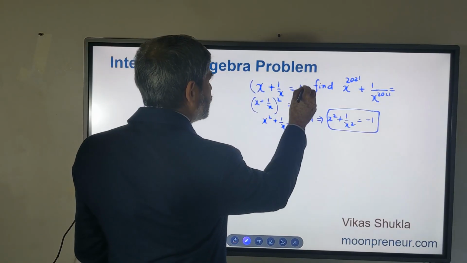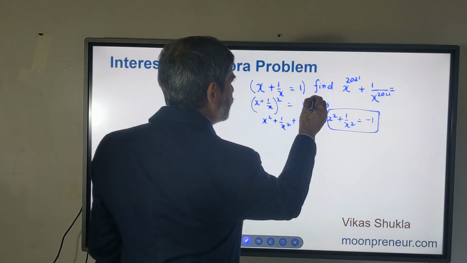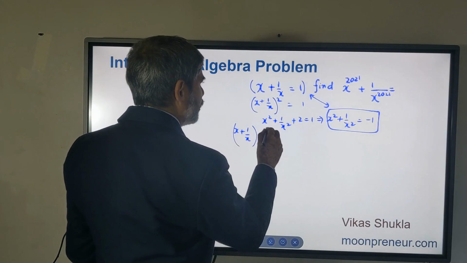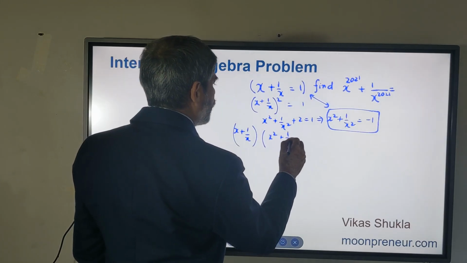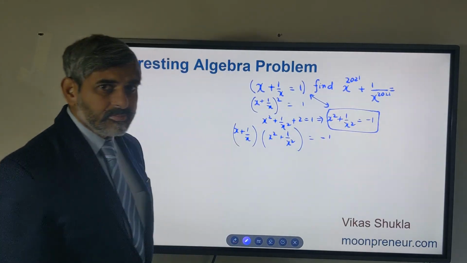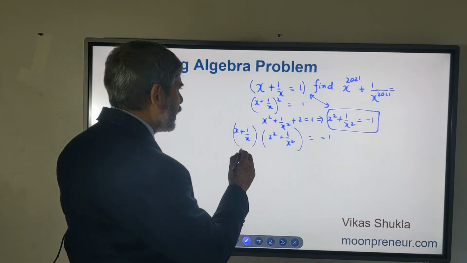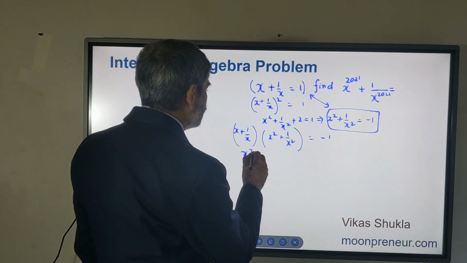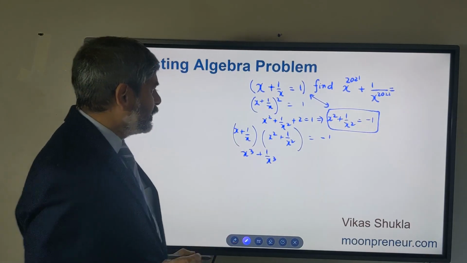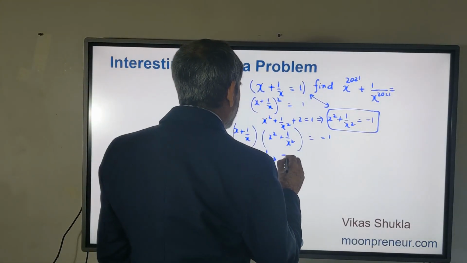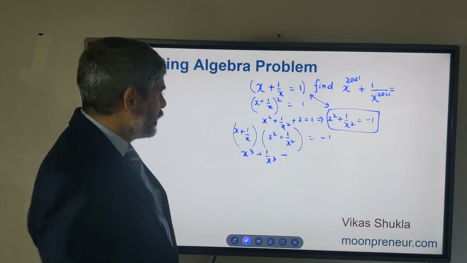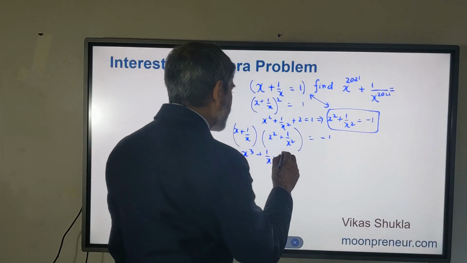If I multiply this equation with this equation, I get (x + 1/x) multiplied by (x² + 1/x²) equal to 1 into -1, which is -1. And from here I get x³ + 1/x³, and then if I multiply x with 1/x², I get 1/x, and if I multiply 1/x with x², I get x.